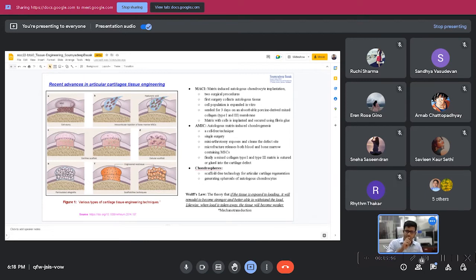What we initially used to do was grow the cells in a petri dish, where we just give them a flat surface to grow. But our in vivo cellular microenvironment is not a flat polystyrene surface. We have the micro architecture of collagen fibrils and various other kinds of extracellular matrix.